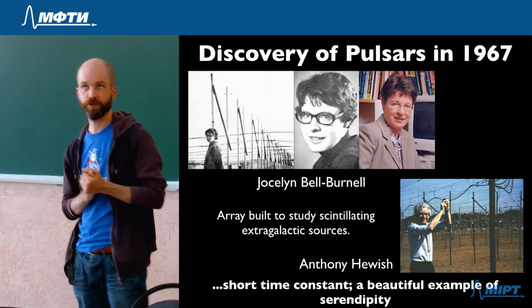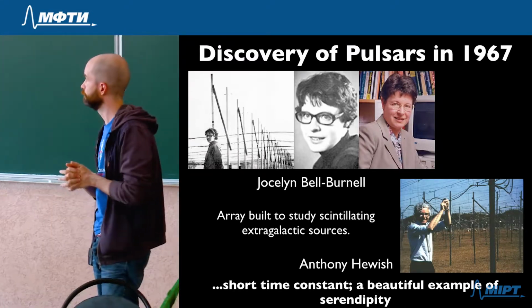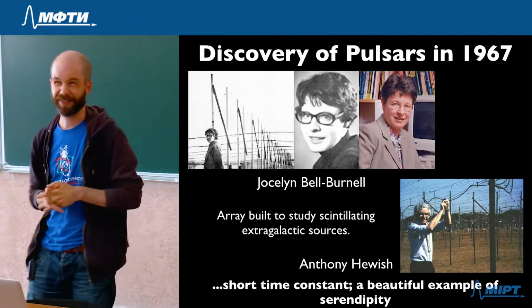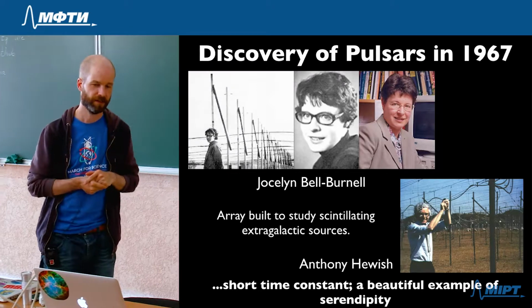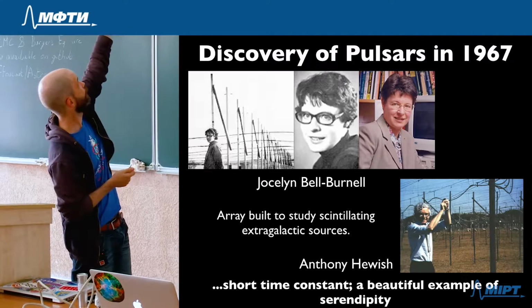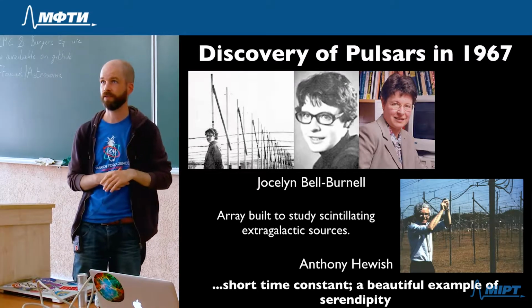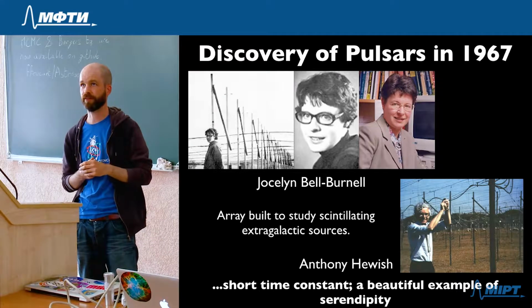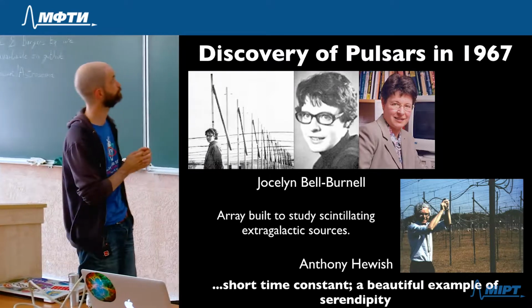Obviously, radio pulsars and neutron stars in general were discovered about 50 years ago by Jocelyn Bell and Tony Hewish using a telescope actually that was not that different from LOFAR. What Jocelyn is standing in front of is really just an array of dipole antennas, radio receivers that are sensitive to the same wavelength radio waves as LOFAR is sensitive to.